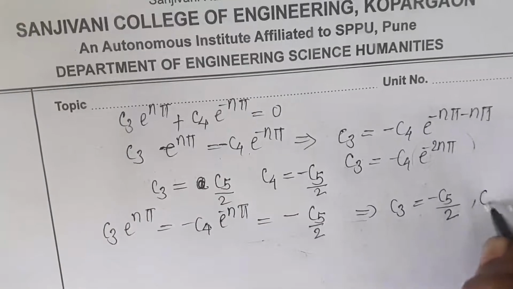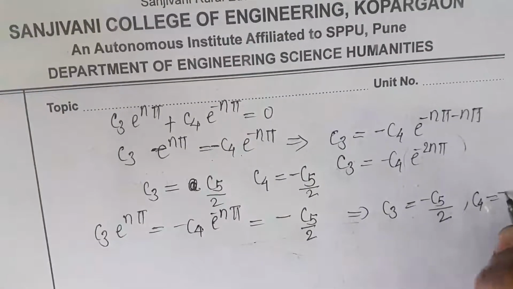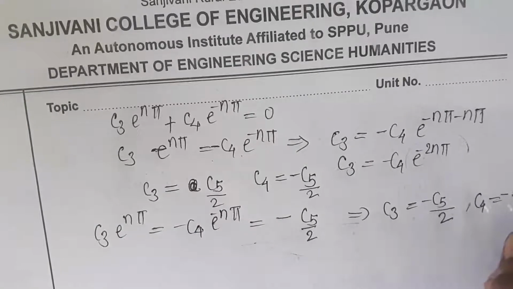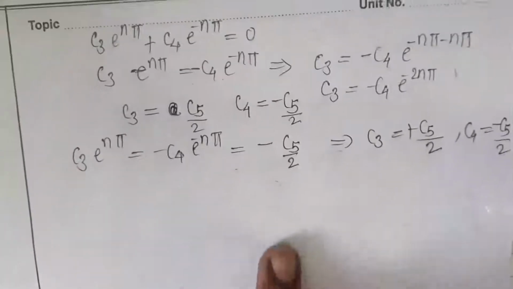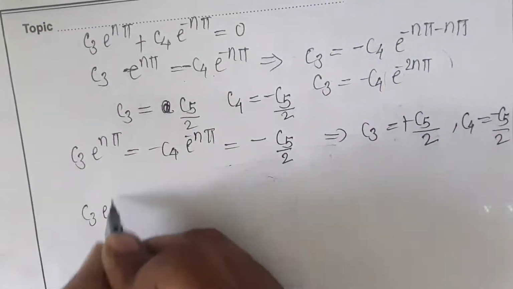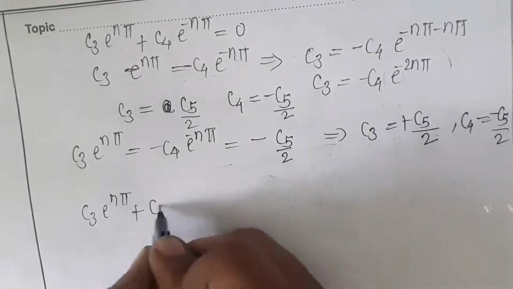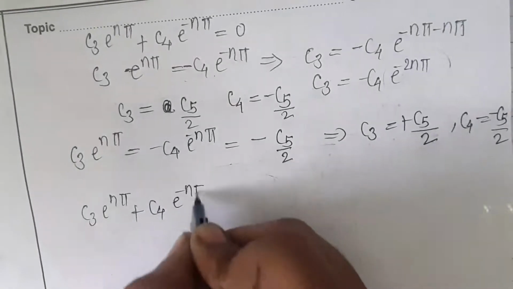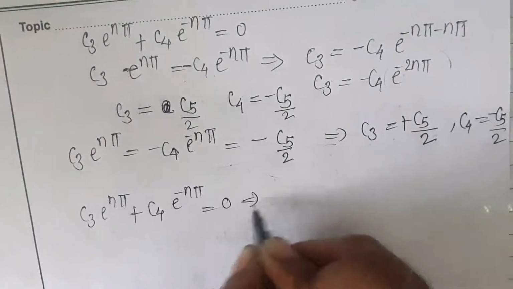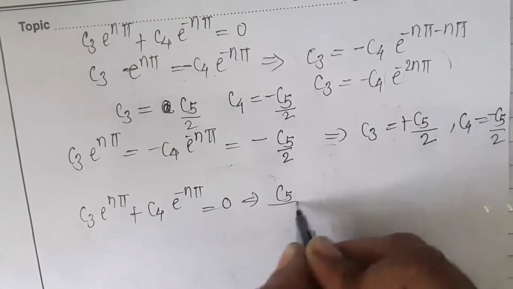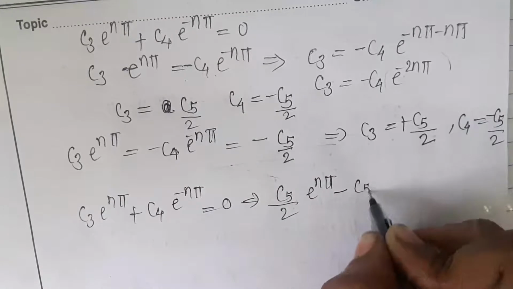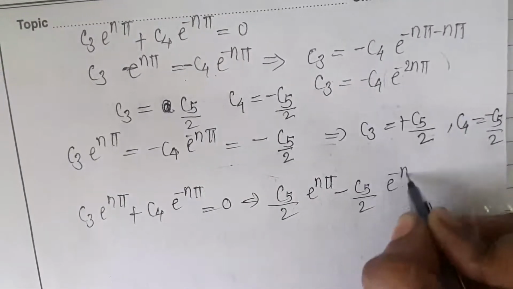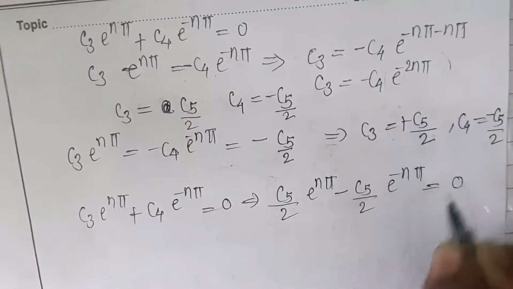So next, C4 is equal to plus C5 by 2. This is plus, not minus. So substituting this value in this equation, C3 into e to the power n pi plus C4 into e to the power minus n pi is equal to 0. We get C3 is C5 by 2 into e to the power n pi plus, minus C5 by 2 into e to the power minus n pi, equal to 0.